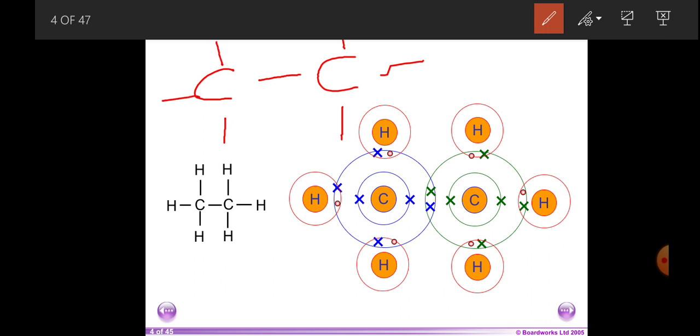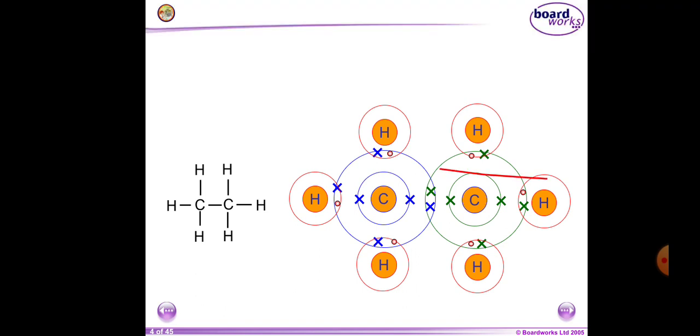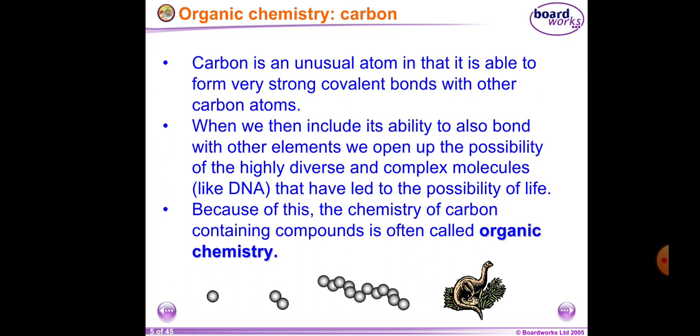We term this catenation, a situation where carbon forms a bond with another carbon. This ability is the basis of this topic. Because of this, we have very large molecules. Human beings, animals, plants and all living things are made up of very complex organic compounds made up of so many carbons linked together.